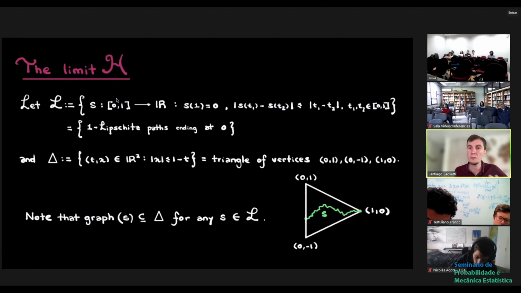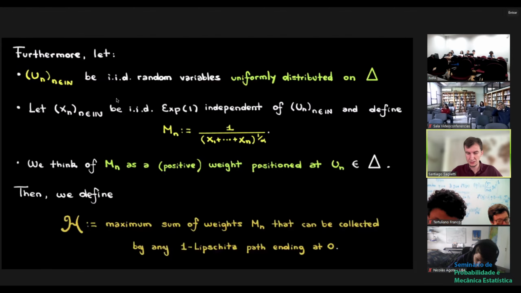All paths which are in L will have a graph which is contained in this triangle, and this triangle is somehow the minimum set which contains all the graphs of these paths. Great. So that's one thing.